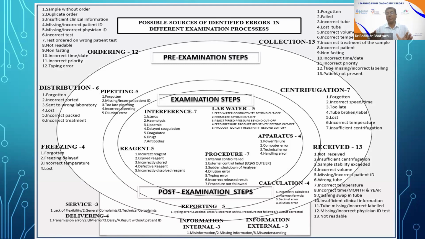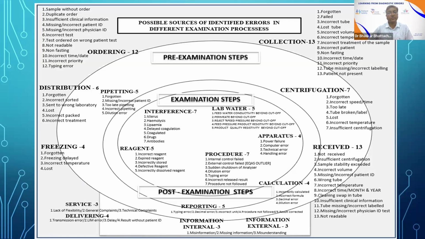If the report is prepared, approved, ready to release, and released, but until it reaches the appropriate end user, the clinicians or doctors have to take immediate action in some critical cases. So there it comes to completion, and it impacts the post-examination step. So these are the various possible sources of identified errors in different examination processes.